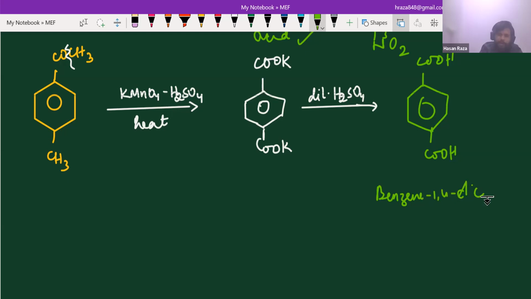Since we are unable to count the C of carboxylic acid, it is dicarboxylic acid, or its common name, which is quite famous, terephthalic acid. Is that clear?